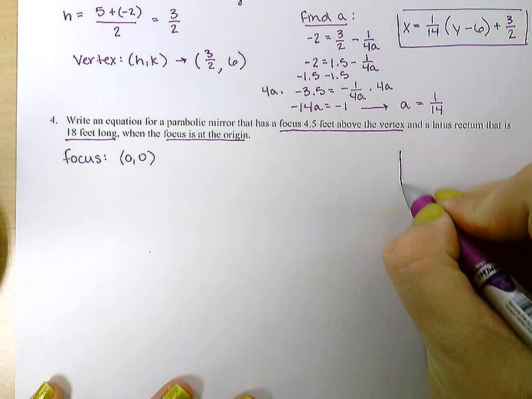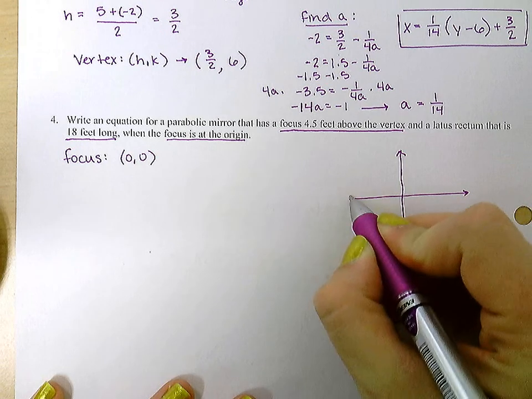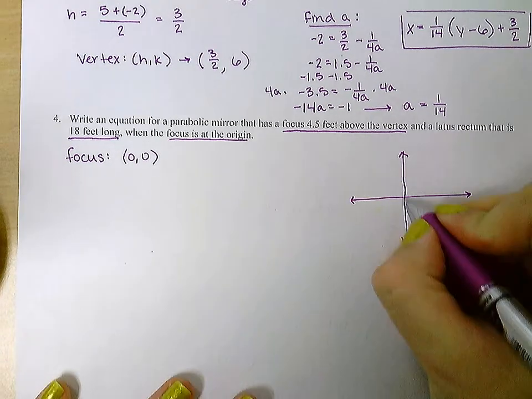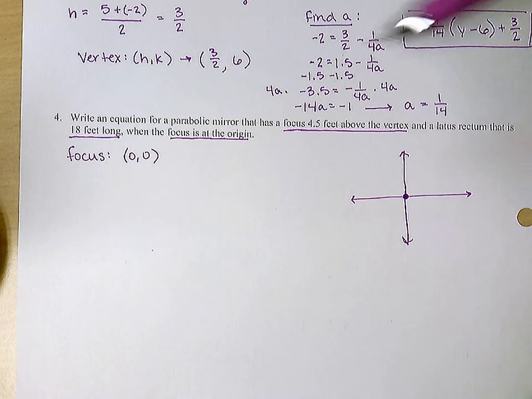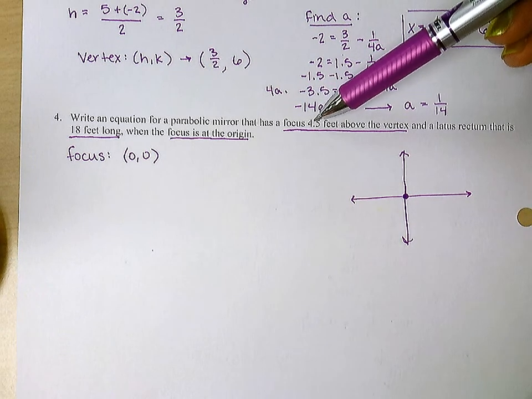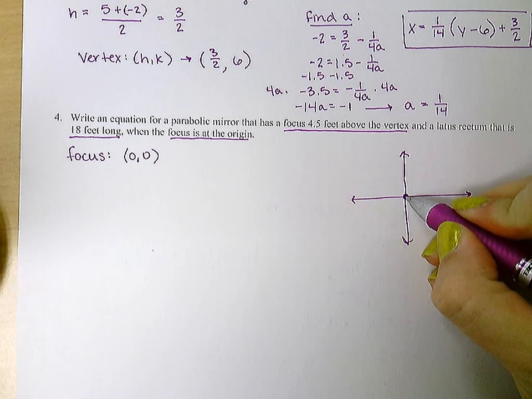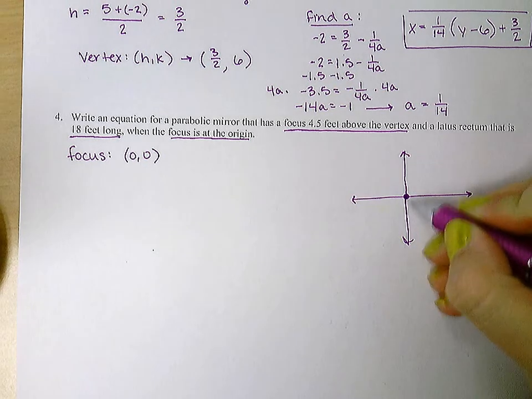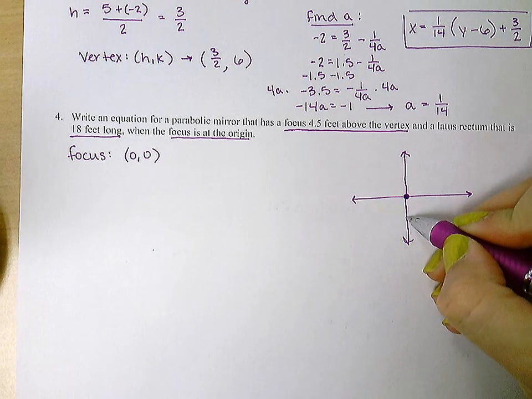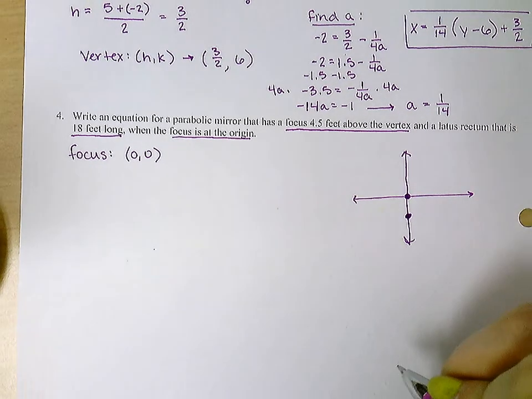If I look at a sketch of a graph here, and I know the focus is at the origin, and that focus is 4.5 feet above the vertex, that means the vertex is down here, right?